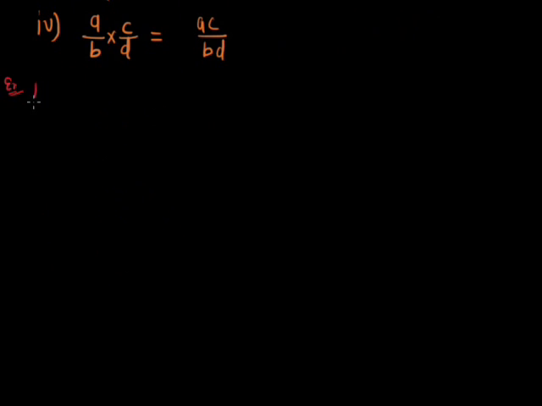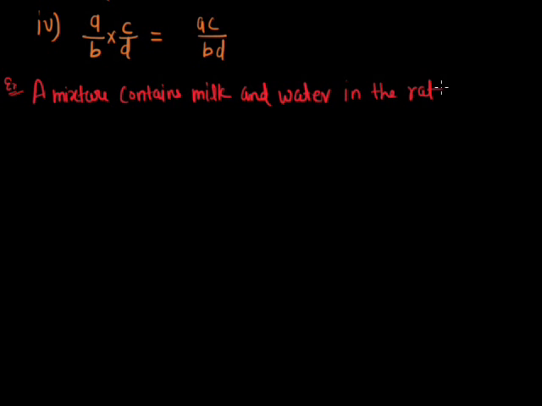A mixture contains milk and water in the ratio 3:1. The quantity of mixture is 20 liter.